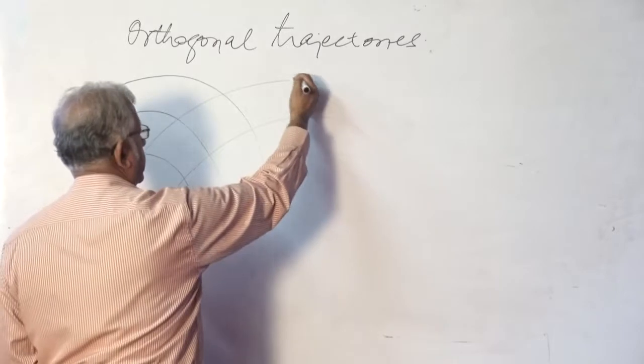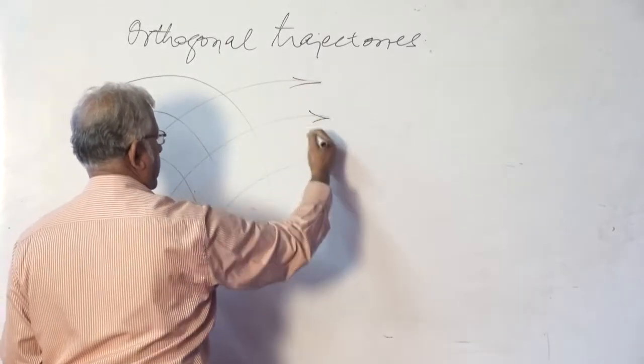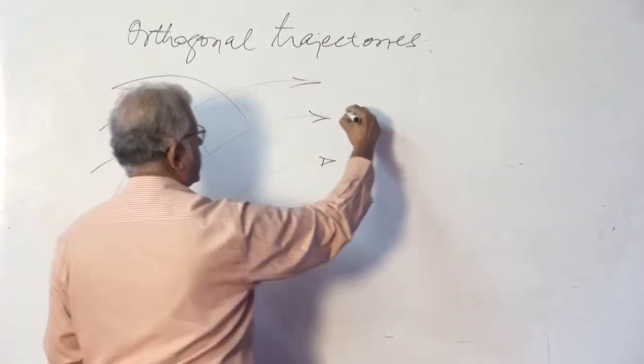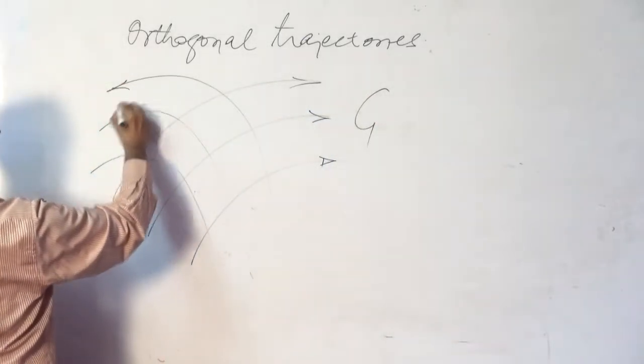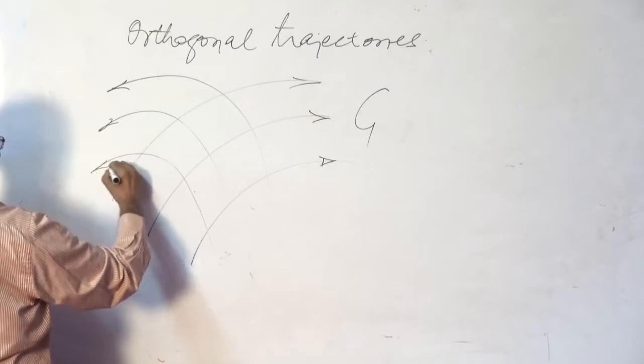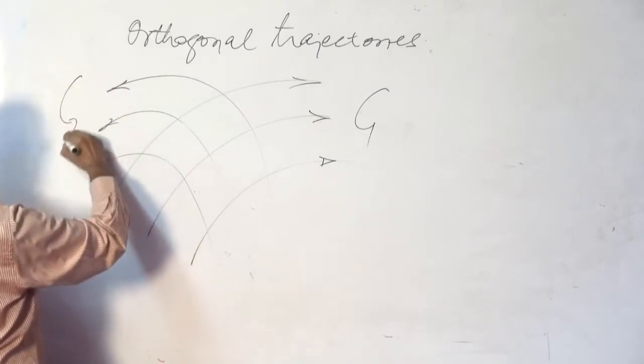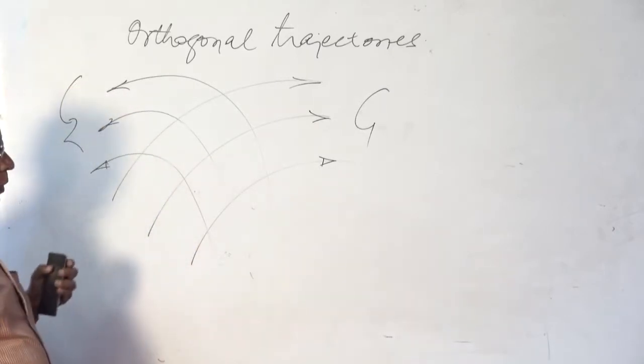This one is a set of curves which we will designate as C1, let's say. And this one is another family of curves which we will designate as C2.